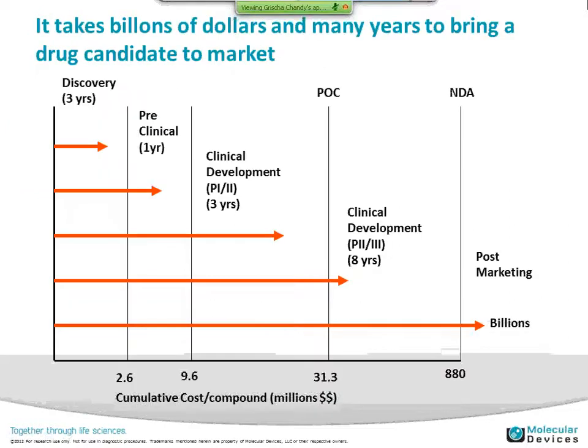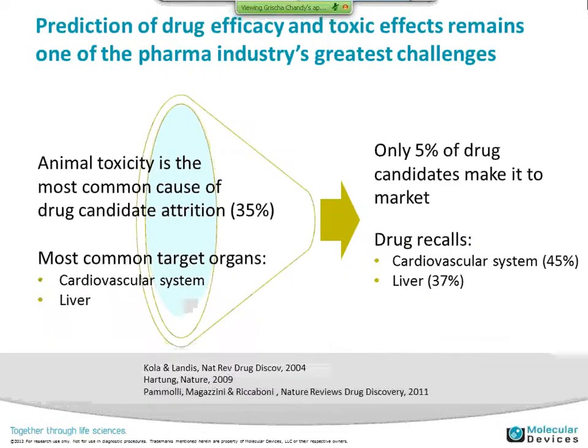Why are we having this webinar and developing products here? It takes billions of dollars and many years to bring a drug candidate to market. The later in development time, the more expensive that drug is to bring to market. Discovery is the shortest time, preclinical follows, and as you go on in time, the price of bringing that drug to market increases.